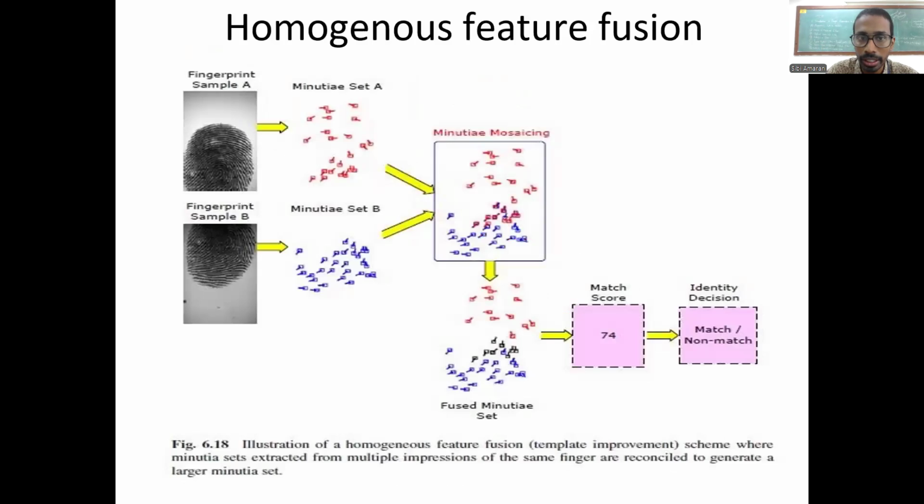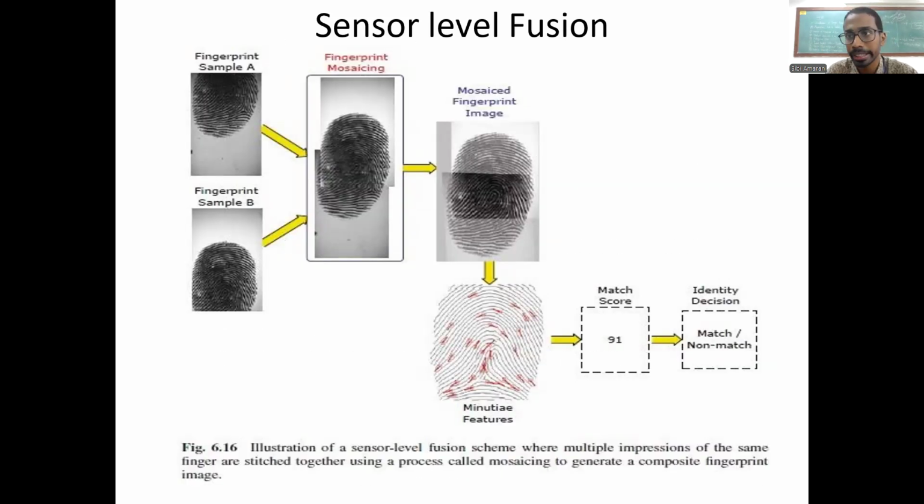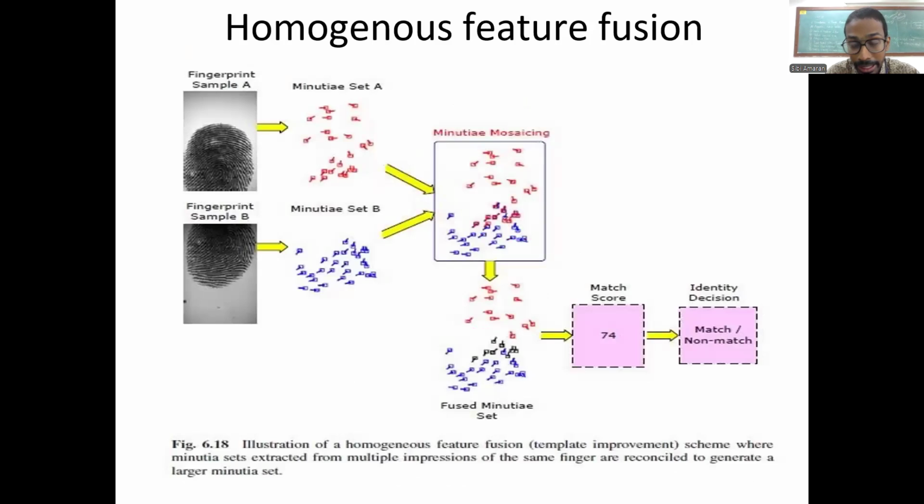Now we move to feature-level extraction. In feature extraction, after collecting the multiple samples, we immediately apply the minutiae algorithm, and only after applying the minutiae algorithm do we do the alignment process.